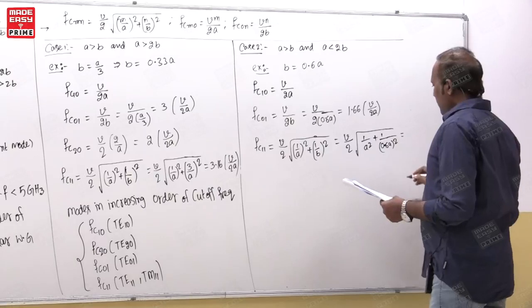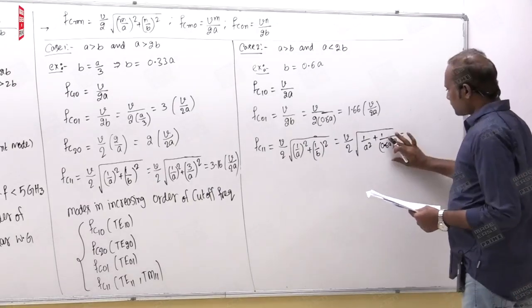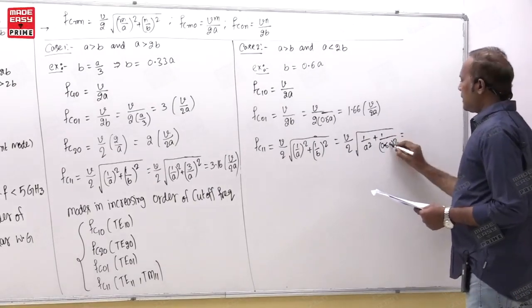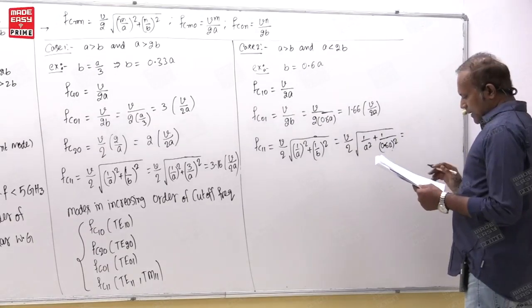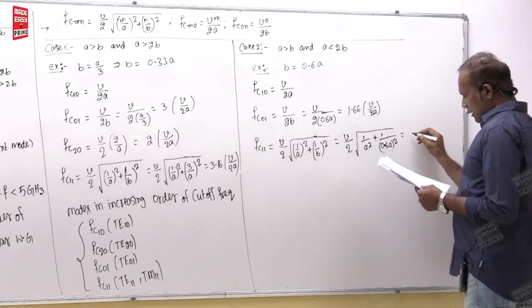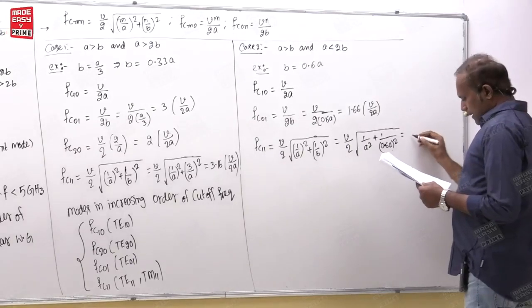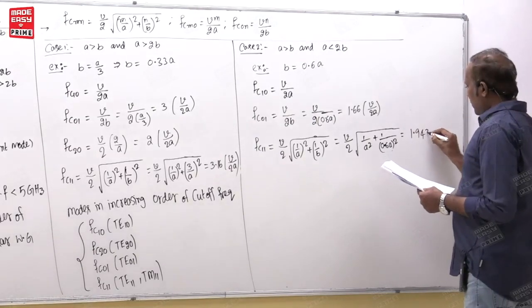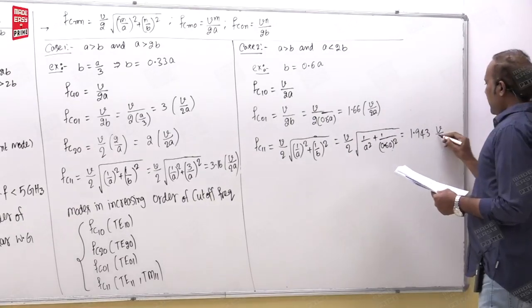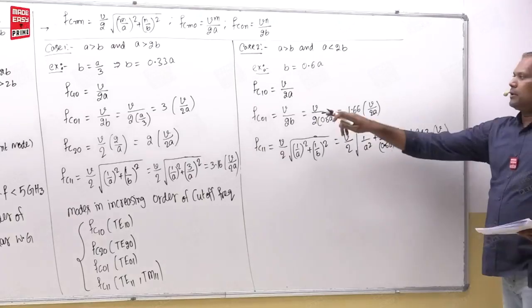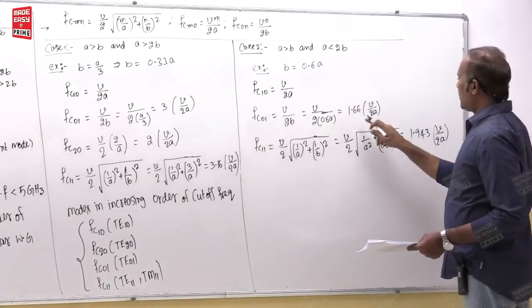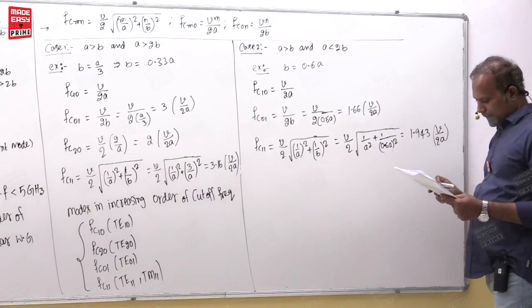Okay. Now this value, 0.6 into a square, after some calculation this becomes 1.943 V by 2a, you got. Okay, V by 2a. So this is 1 into V by 2a, 1.66, 1.943.